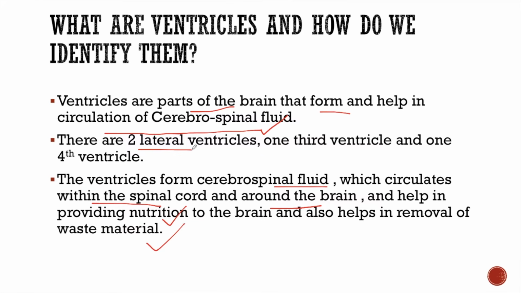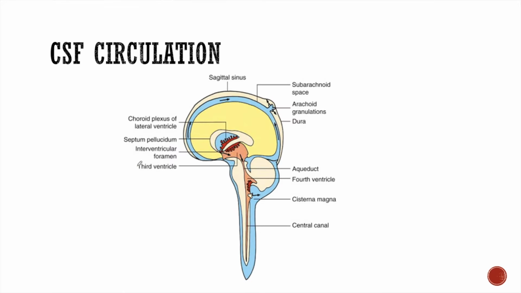There are two lateral ventricles, one third ventricle and one fourth ventricle. So the cerebrospinal fluid is produced in the ventricles, which migrates into the third ventricle and then into the fourth ventricle and then migrates around the brain and within and around the spinal canal.